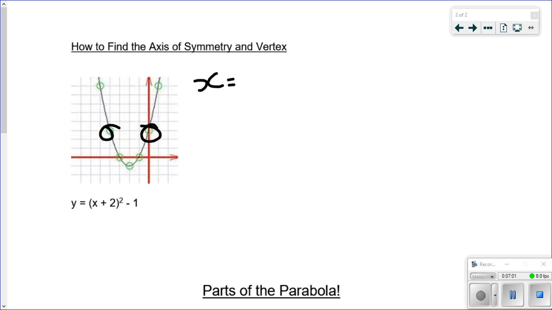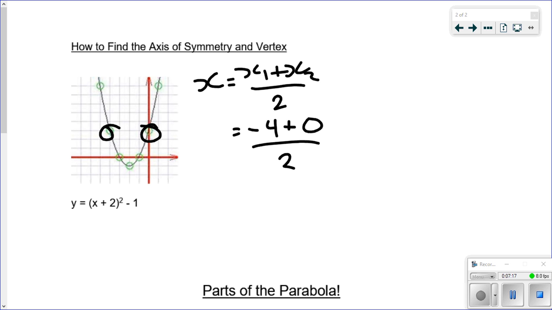Our axis of symmetry can be found by using the midpoint formula that we learned last chapter. So in this case, 1, 2, 3, 4, -4 plus 0 divided by 2 equals -4 divided by 2, -2.